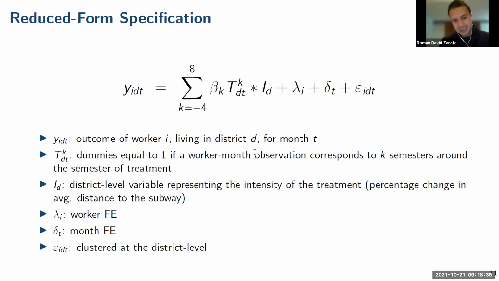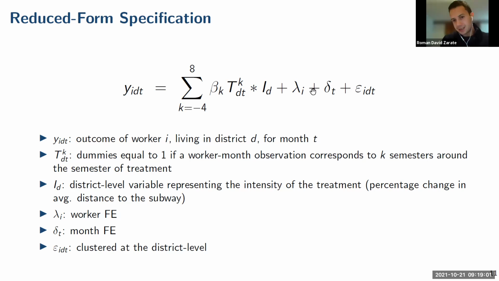Now, we run a standard event study specification in which we have the outcome of worker i living in district d for month t. We're going to interact this with a treatment dummy variable that takes the value of 1 when the worker gets access to the transport network, and we interact this with time dummies to calculate the event study.